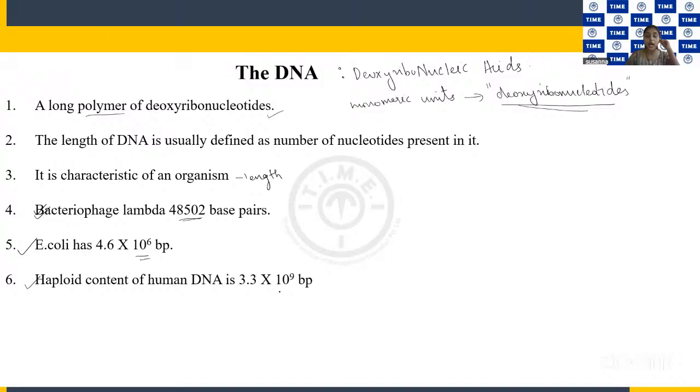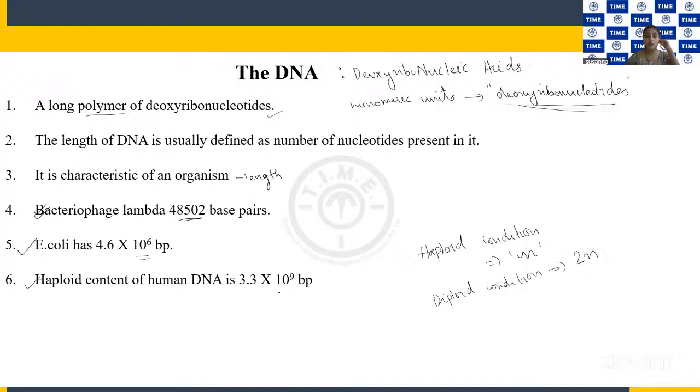Normally our cell is diploid in nature. Students, I hope you know what haploid and diploid are. If a cell is in haploid condition, we denote it as N. And when the cell is in diploid condition, we represent it as 2N.